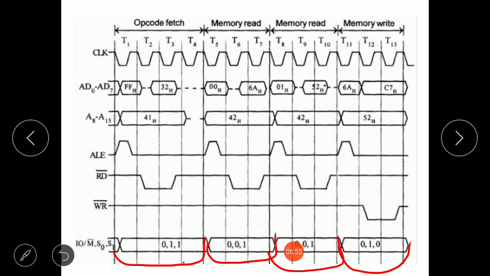So first find the number of machine cycles the instruction needs, and then make the timing diagram accordingly. All the necessary steps remain the same as I have shown previously: for opcode fetch, memory read, and memory write, everything is the same as in my previous slides.